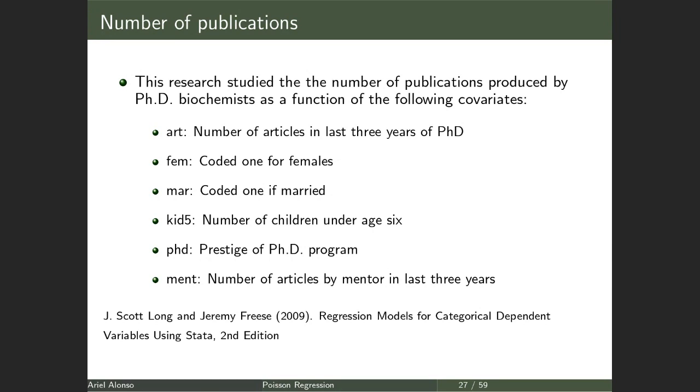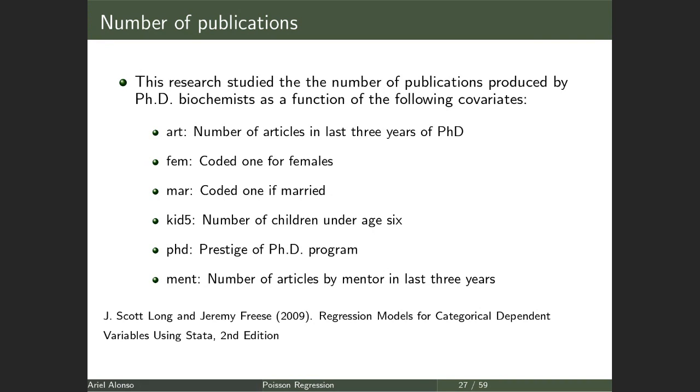And we want to model that as a function of, for instance, the gender of the student. Do females publish more or less on average than males? We want to also take into account the marital status. We call that MAR. Do single people on average publish more or less than people that are married?